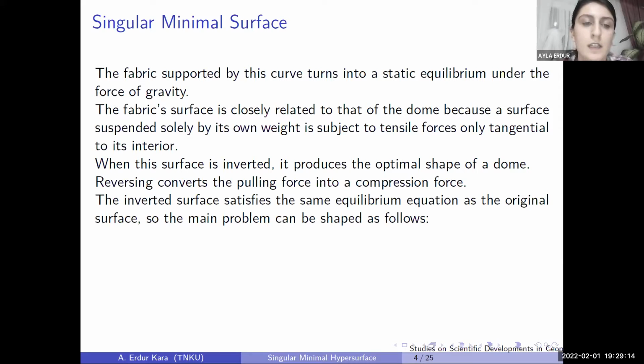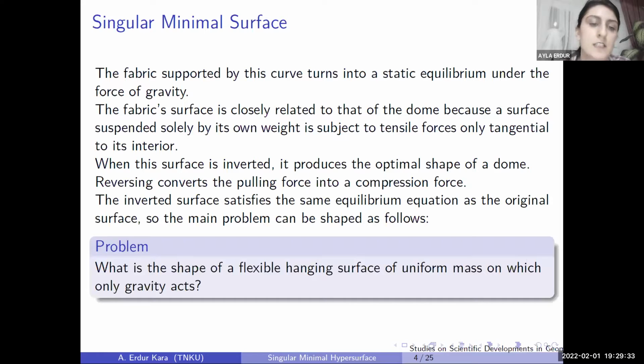Reversing converts the pulling force into a compression force. The inverted surface satisfies the same equilibrium equation as the original surface, so the main problem can be stated as follows: what is the shape of a flexible hanging surface of uniform mass on which only gravity acts?